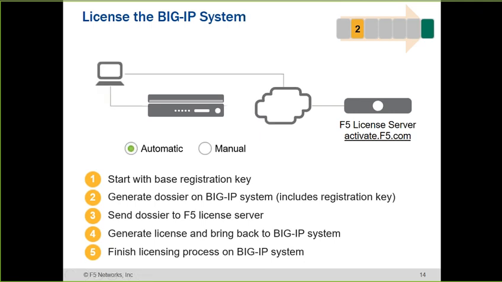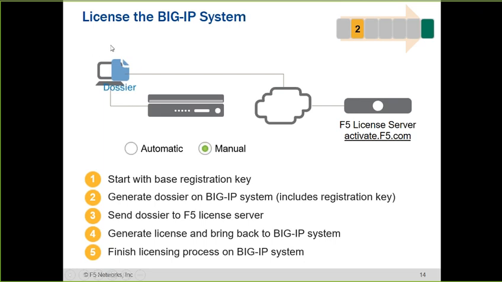So our PC has access to the internet. What we will do is generate the dossier and get the dossier onto a local machine, that is the PC. We can download it as a file, or it can be in our browser.